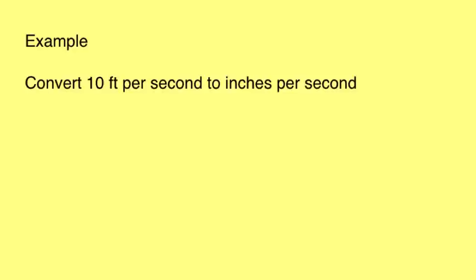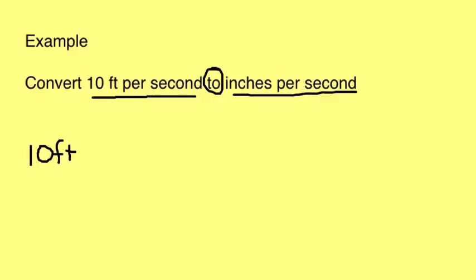Okay, so let's go ahead and try an example. We want to convert 10 feet per second to inches per second. So I'm going to set up my problem with 10 feet over 1 second. And I want to convert to inches per second. Well, I'm going to try to cross-cancel this label of feet.